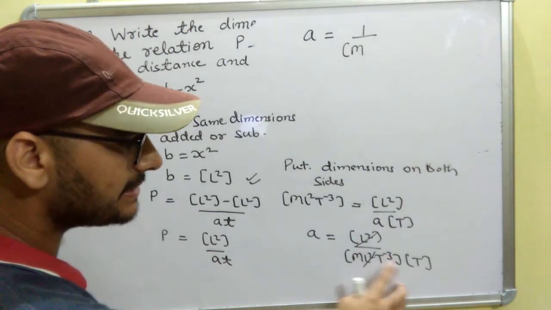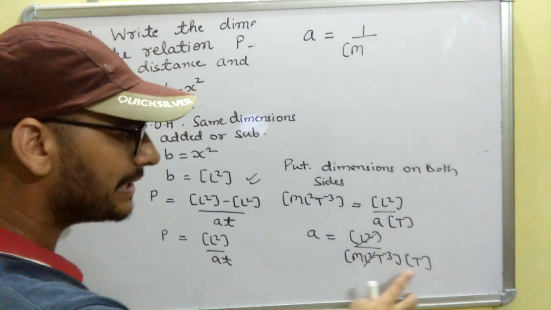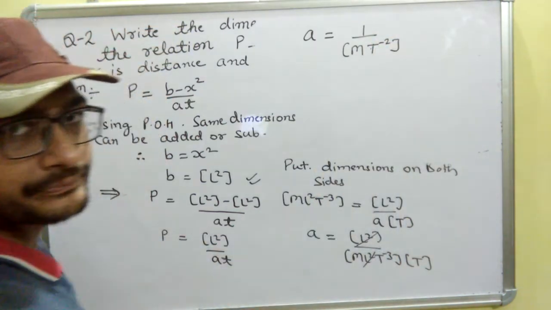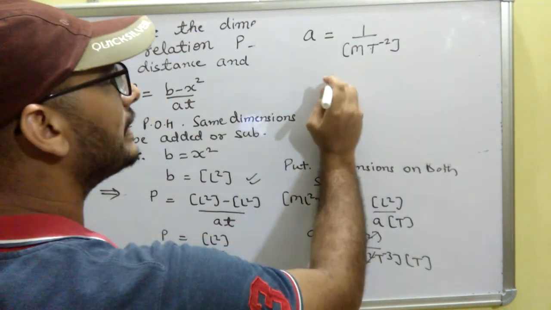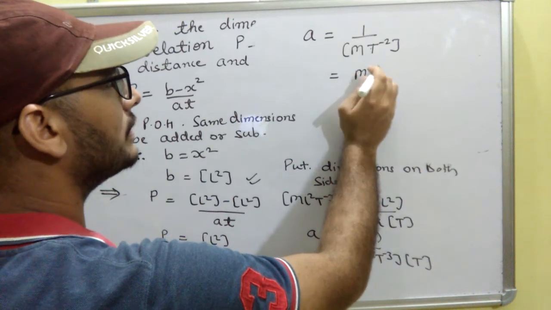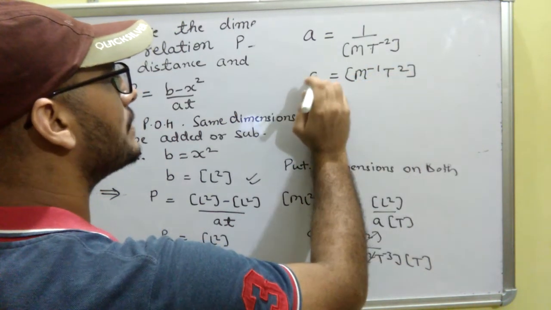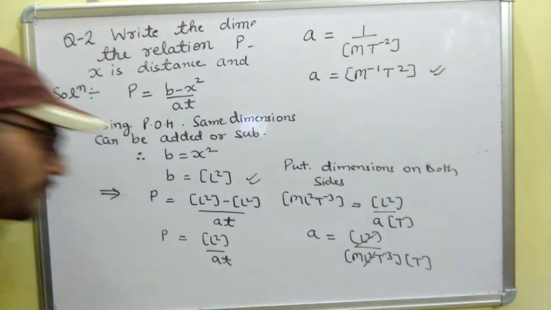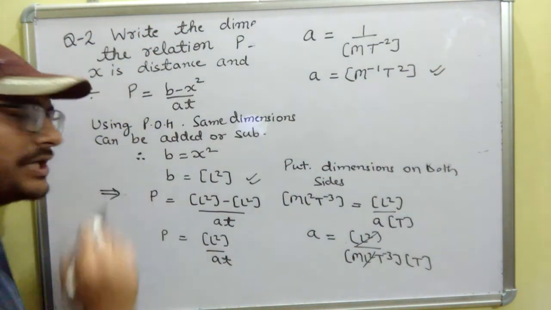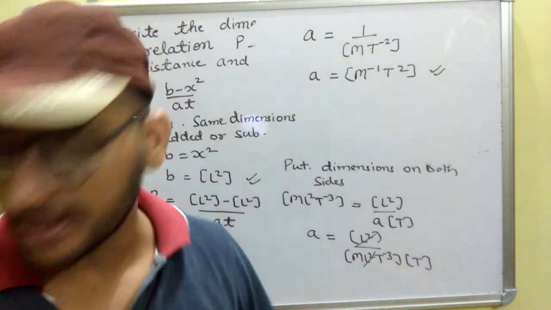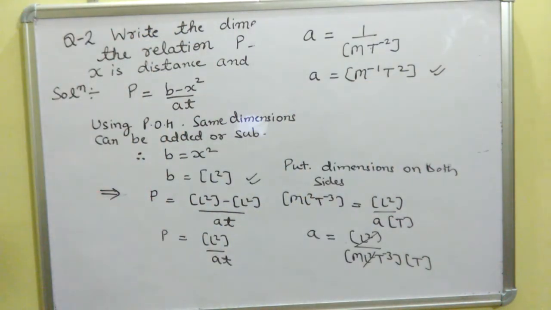Now T minus 3 and here is T, so you will get T minus 2 downward. Now when you take it in the numerator, you will get M minus 1 T 2. So this will be the dimension formula for A. So the dimension formula for B you have already got as L square, and the dimension formula for A is M minus 1 T2. So in this way you have to solve these types of questions.